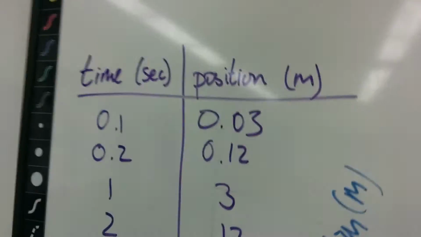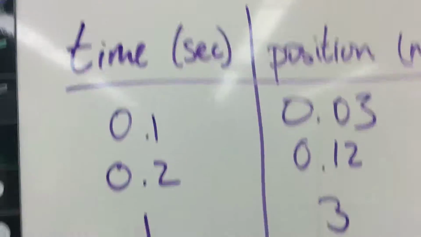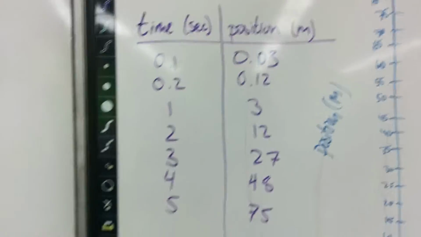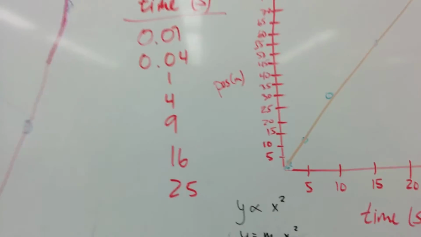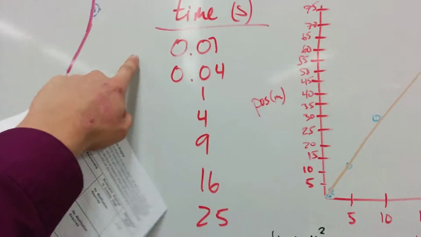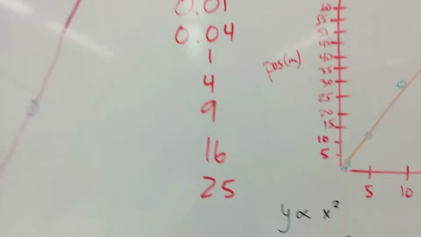So I took my x, which was the time, remember? That's on the x-axis, and I squared all these values. So my new column of data here is this new time, which is really time squared. I should probably be more specific here.